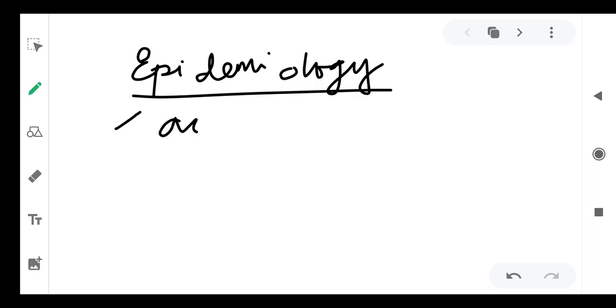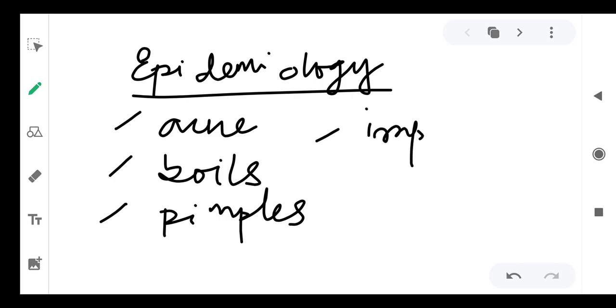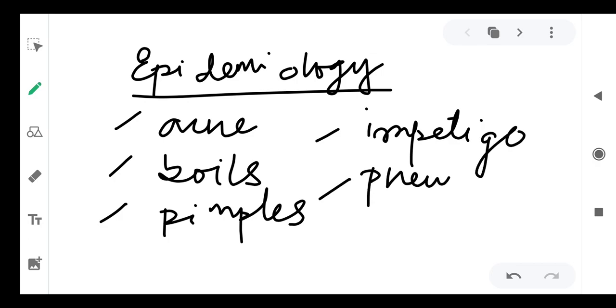It causes acne, boils, pimples, impetigo, and pneumonia. So multiple different types of disease are produced by Staphylococcus.